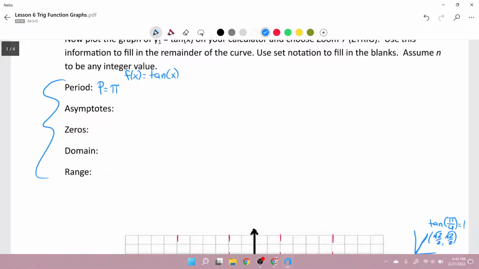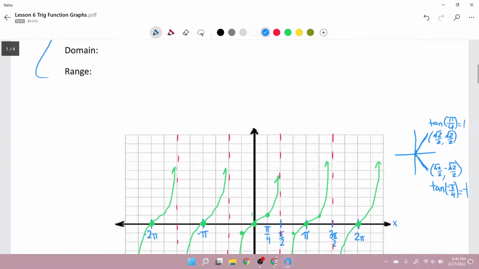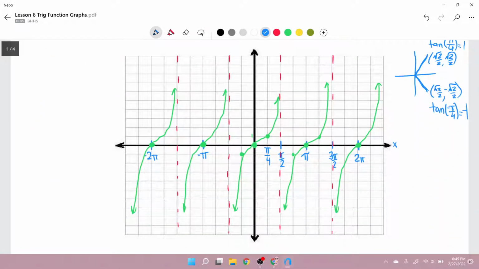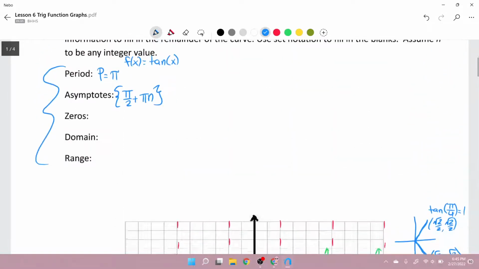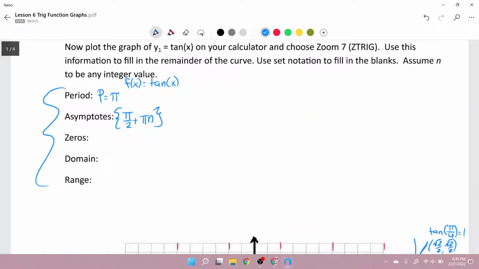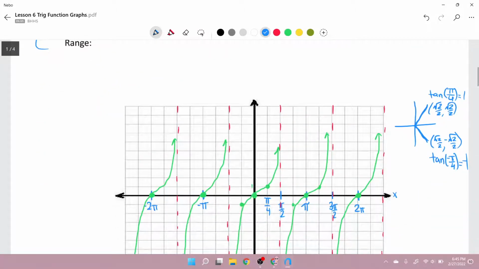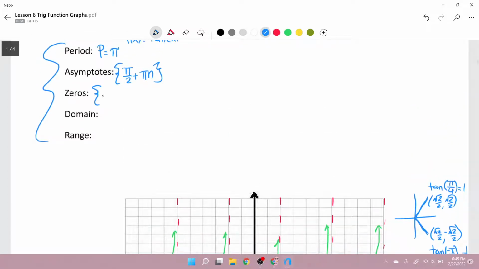So our asymptotes will be pi halves plus pi n, and we'll have another one over here, which is another pi units away. Our zeros were where the sine of x equaled 0. We recall that was at every pi n interval.